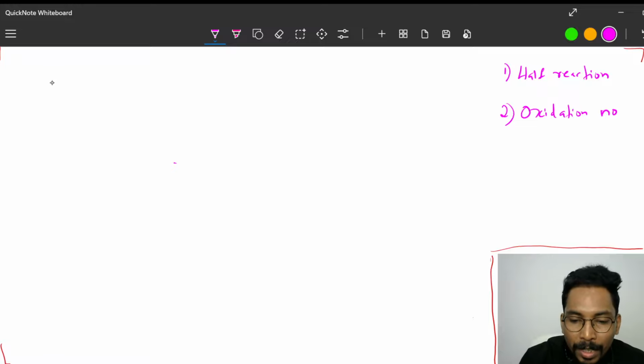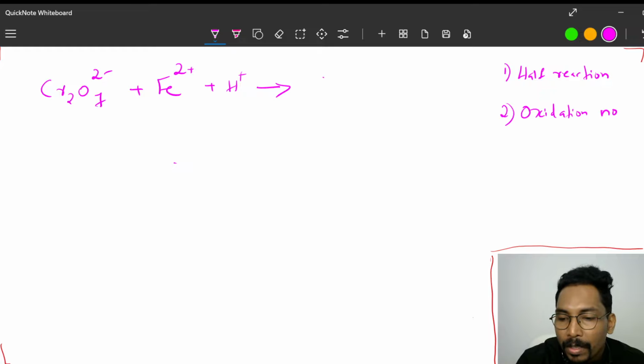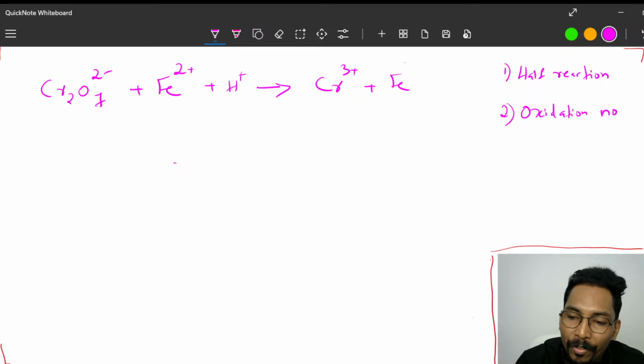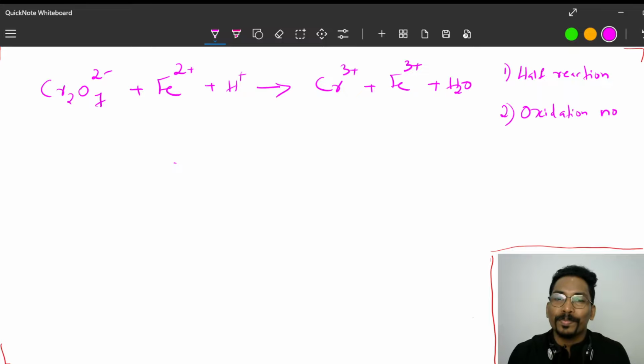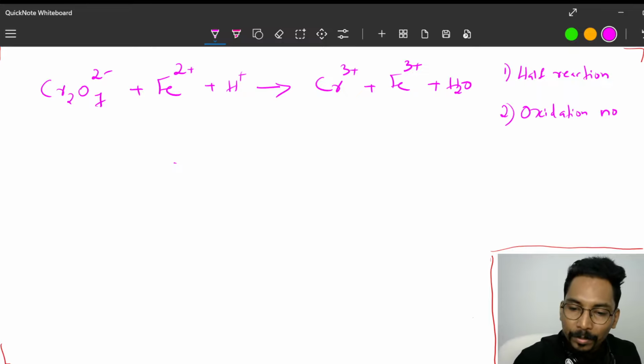So the question is like Cr2O7 2 minus plus Fe2 plus plus H plus gives Cr3 plus, Fe3 plus, H2O. This is the question.